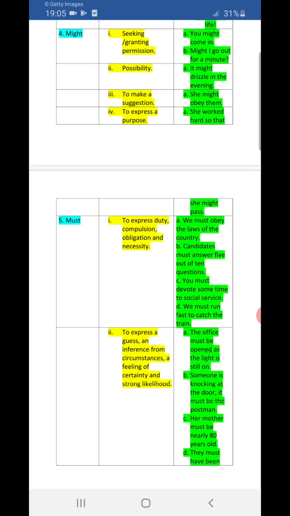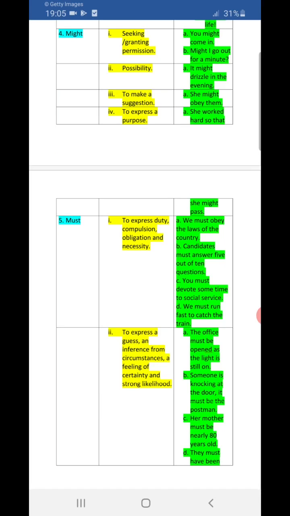Example number A, we must obey the laws of the country. So it's our duty to obey the laws of our own country. So we must obey the laws of the country in which we are staying.